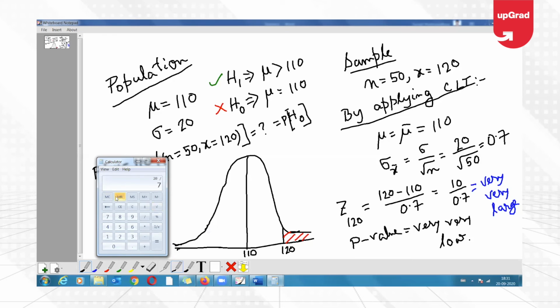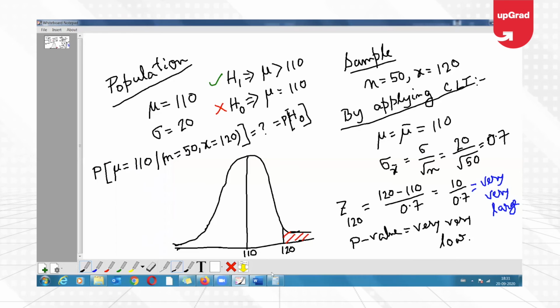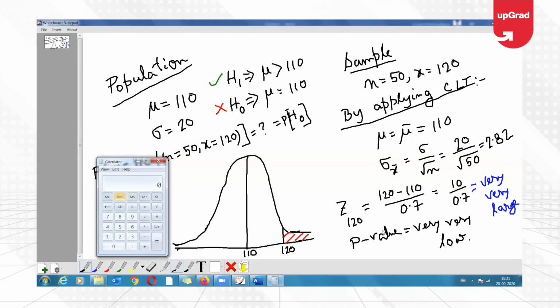So 20 divided by 7.07 is 2.82. Does that make any difference? To the naked eye, it doesn't look like it.